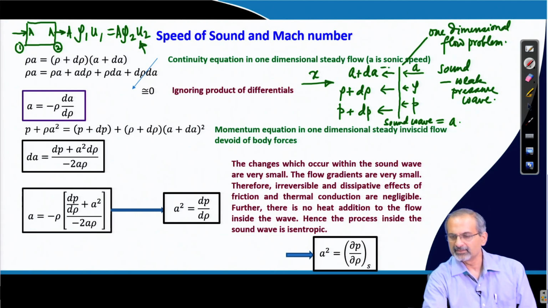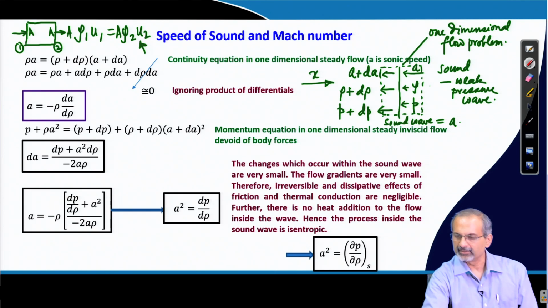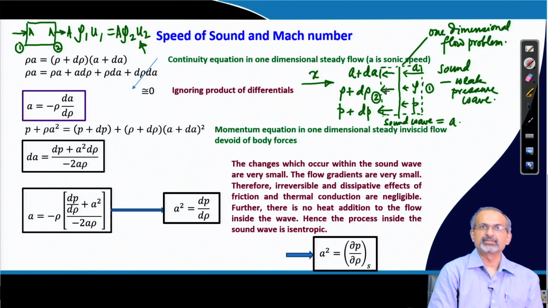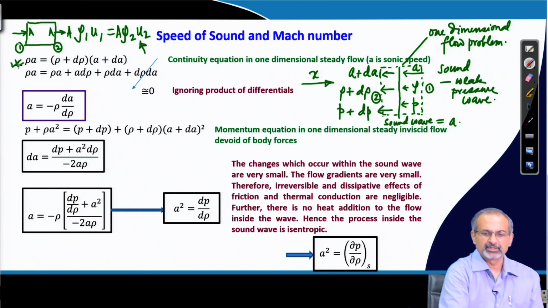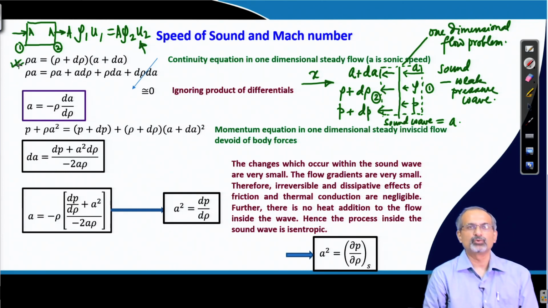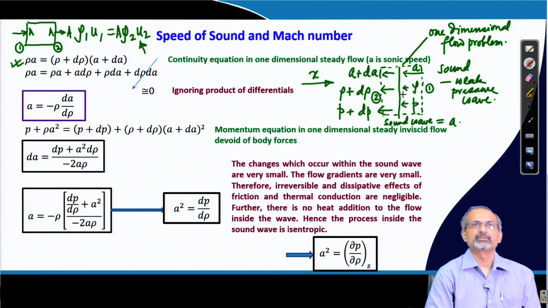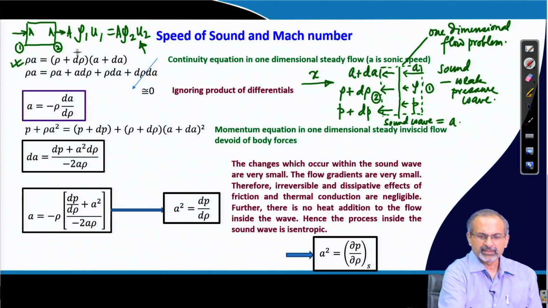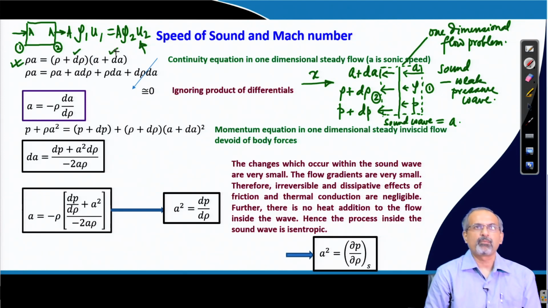So, you can imagine a similar control volume here surrounding the sound wave. What enters is 1, what leaves is 2. Using that principle, we have written down this equation, rho into a, because a is the velocity which is coming in from station 1, and then there is a slight change in rho and a slight change in a.